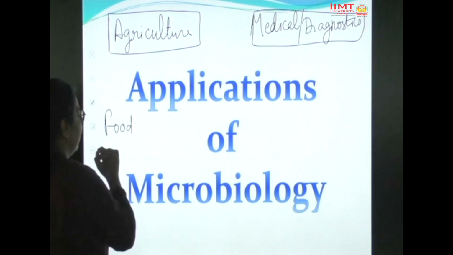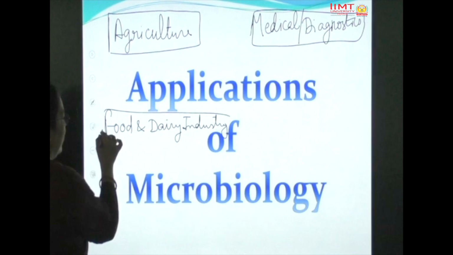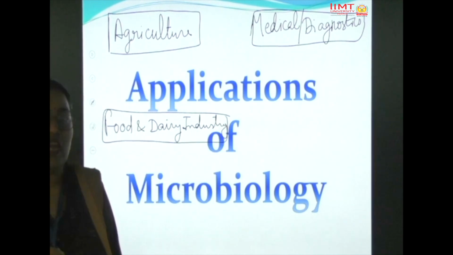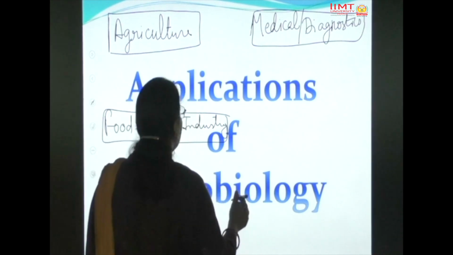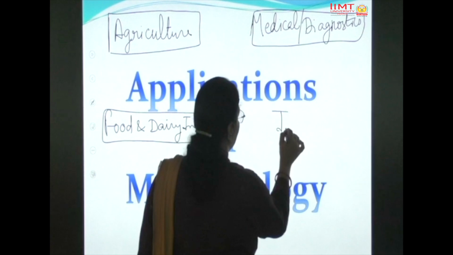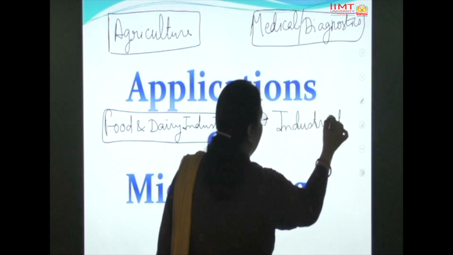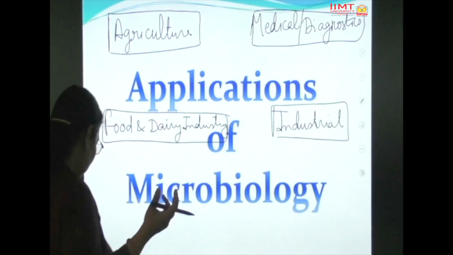A big industry is the food and dairy industry, wherein microbes are being used in 3 types of facets. Other than food and dairy industry, there is industrial application. There are various industries which are set up on the basis of microorganisms.